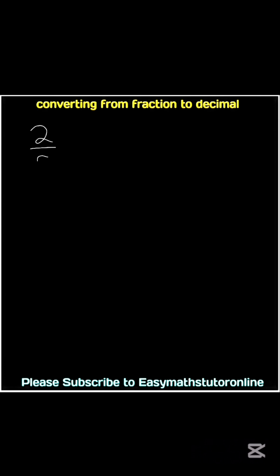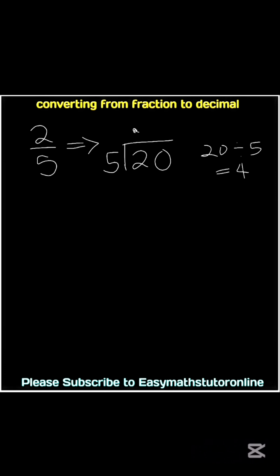Now we're going to convert other types of fractions that do not have denominators like 10, but other numbers. For example, 2/5. We're going to use the long division method. In this method, 5, the denominator, is the divisor, and 2 is the number being divided. To divide a number that is less than its divisor, we put a decimal at the top and a 0 beside the 2, giving us 20.